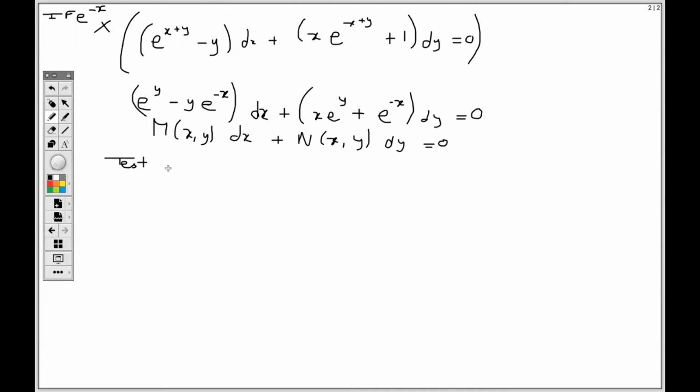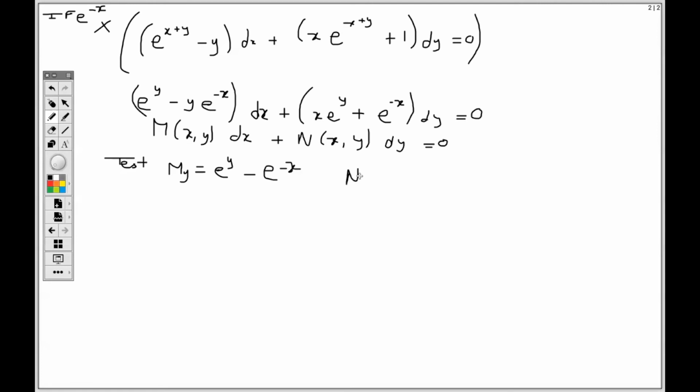Now I will test if it's exact. So to test if it's exact, I differentiate the first function with respect to y, and differential of e to the y is e to the y. The next, e to the minus x, is held as a constant, so differentiating y, that's 1. So all I'm left with is e to the minus x.